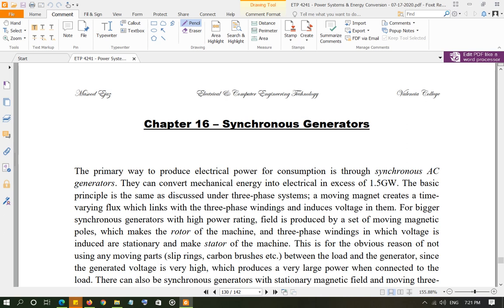The only difference is that in most synchronous generators, the armature winding, where the voltage is induced, as we discussed in the chapter of three-phase systems, is on the stator. That is, those windings are not moving, those are not rotating. What is rotating is the magnetic field, the flux coil, either the electromagnetic coils or the permanent magnet coils.